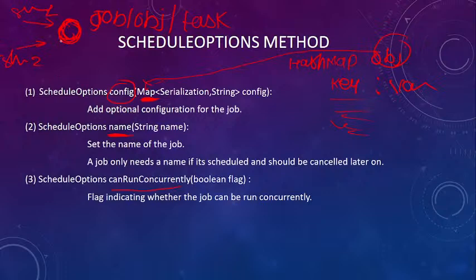Both are trying to access this job. So how will it accept? When you give the flag true here. Okay, if you want to execute your job simultaneously or concurrently, then you have to mention here can run concurrently true, then only your job will execute concurrently or simultaneously. Got it?